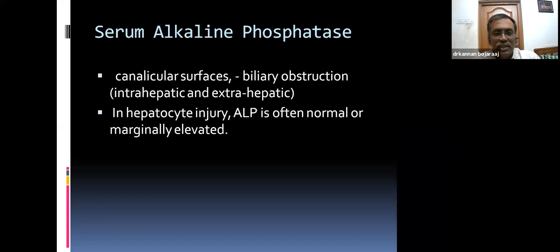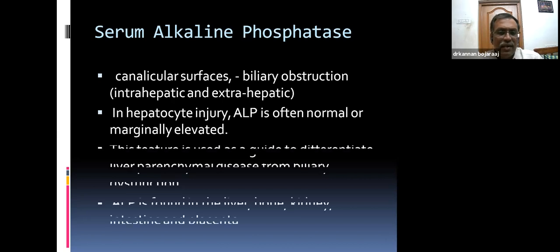I told you earlier, serum alkaline phosphatase is not specific. This enzyme is present on the canalicular surfaces, and it is increased in biliary obstruction, whether intrahepatic or extrahepatic. In hepatocyte injury, alkaline phosphatase may be normal or very minimally increased.